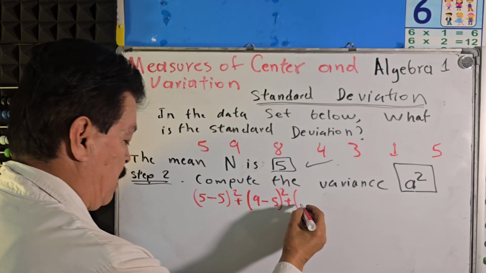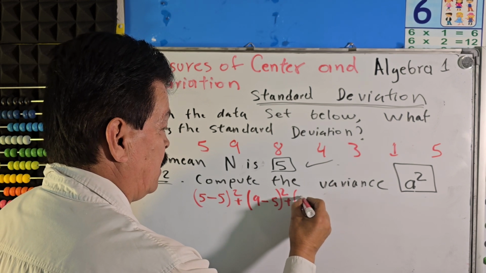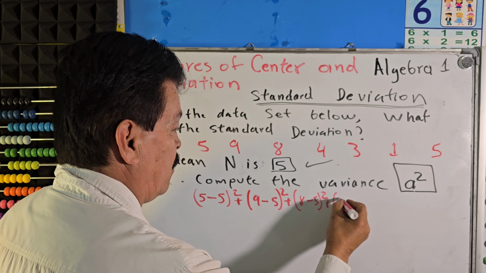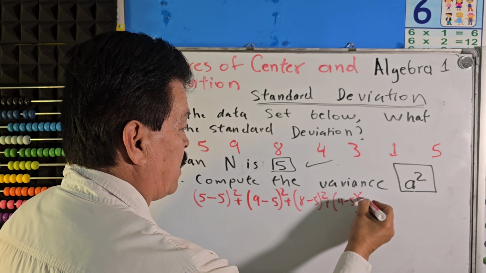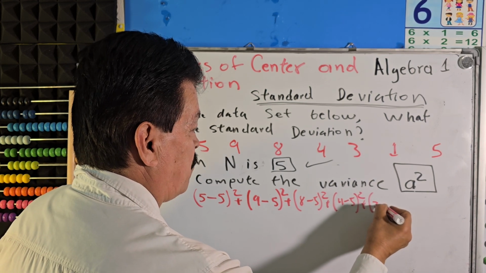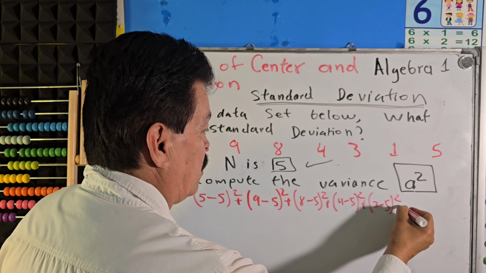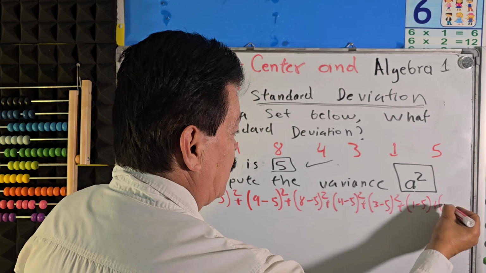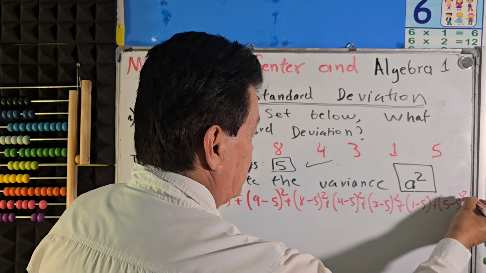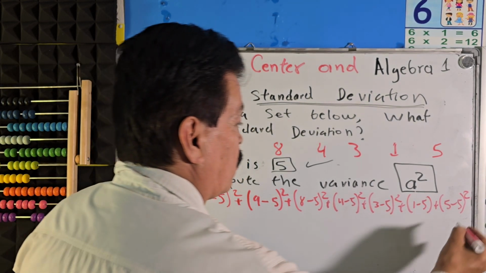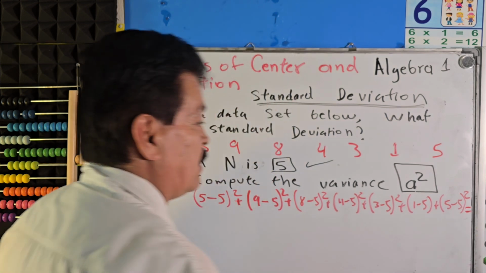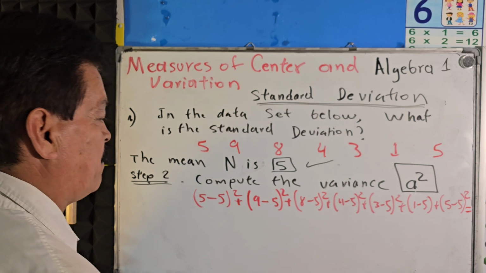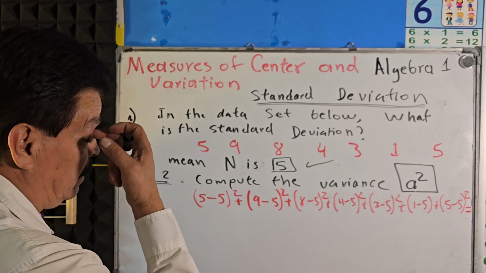Plus 8 minus 5 squared, plus 4 minus 5 squared, plus 3 minus 5 squared, plus 1 minus 5 squared, plus 5 minus 5 squared. So equals. You have to solve it.